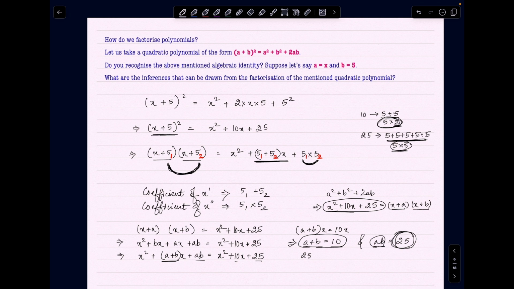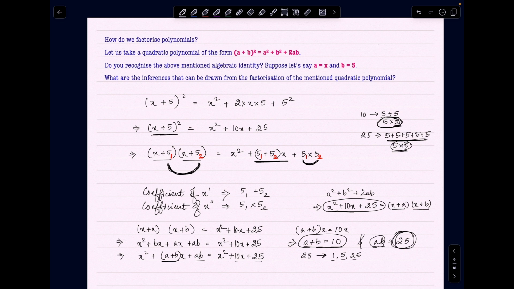Now, what are the factors of 25? 1 is there, 2, 3, 4 nothing, 5 is there, and then itself 25. 25 has no other factors other than 1, 5 and 25.